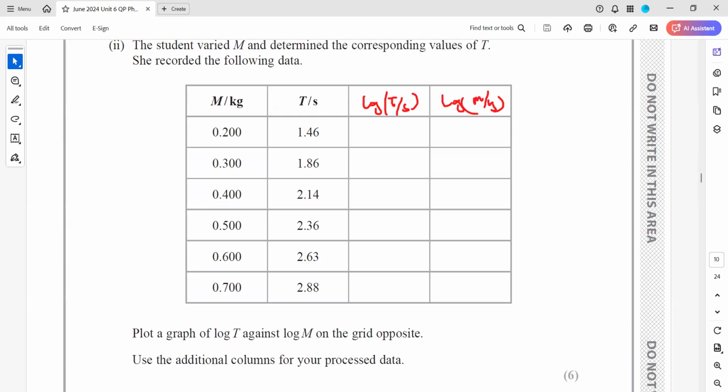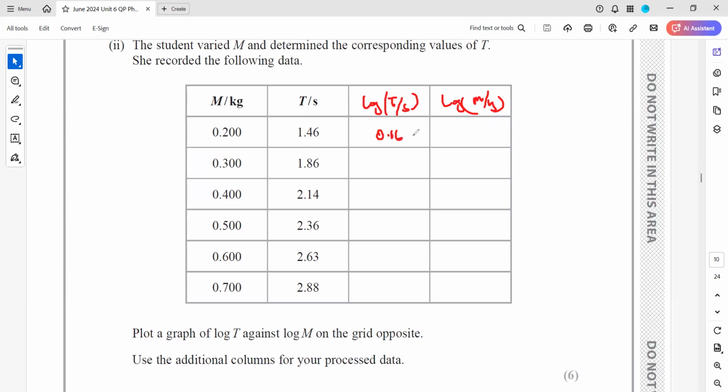You just have to take a value for log T and a value for log m. What is log T? Log 1.46 is 0.16.